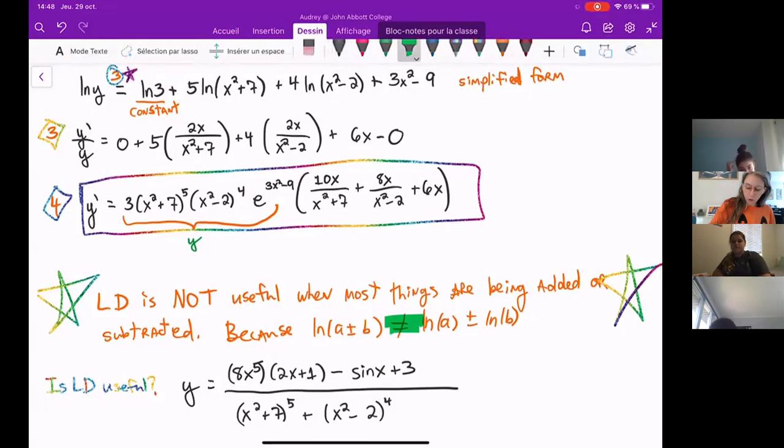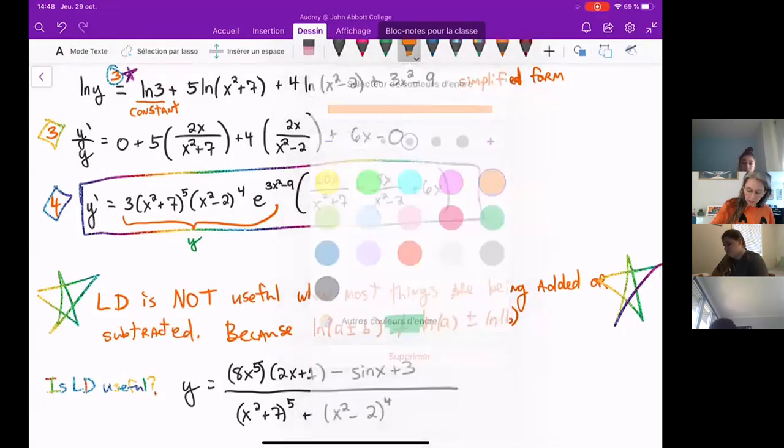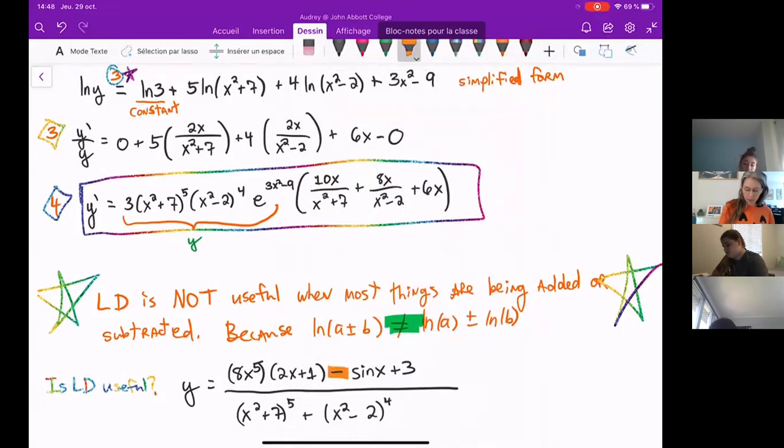So the answer is no, because of those pluses and minuses. This is being subtracted. These are being added. In this case, all logarithmic differentiation would do is get rid of my quotient rule, but then it would create two chain rules inside of chain rules. So it would actually probably make this problem a little more challenging. So the answer here is no, because of the pluses and minuses.